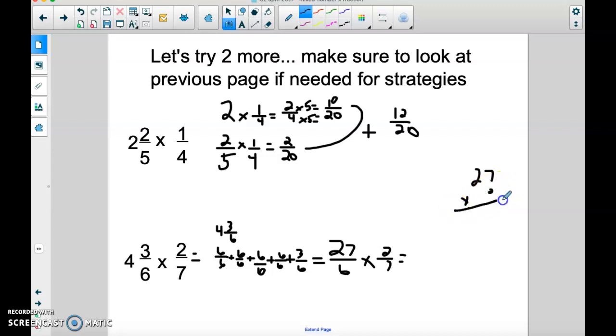We've got bigger fish to fry. 2 times 7 is 14. 2 times 2 is 4, plus 1 is 5. 54/42, which would be equal to 1 12/42.